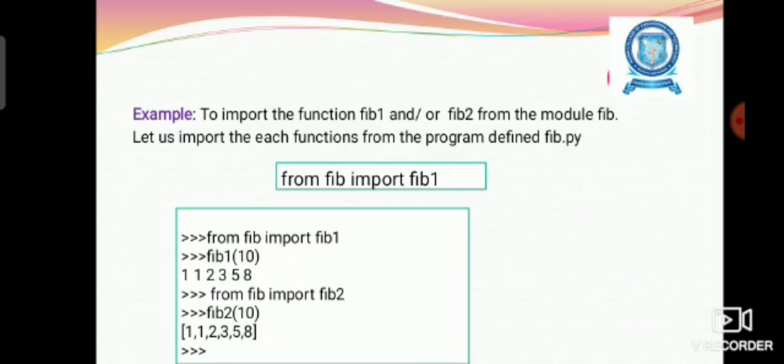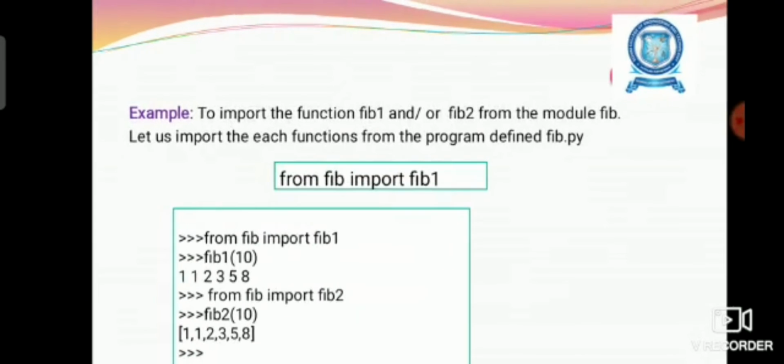So initially in the coding we can see from FIB import FIB1. So by this statement we have imported only this particular method FIB1 from the module, from the Python file FIB. So after importing FIB1, we can directly call the method by giving some necessary argument. Both FIB1 and FIB2 should be given with one argument.